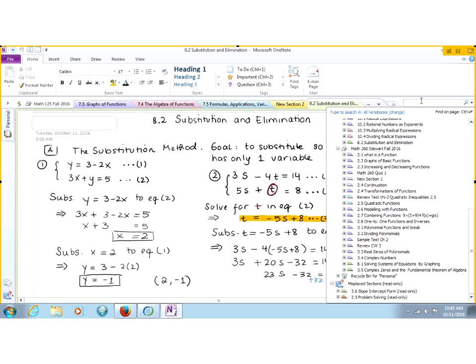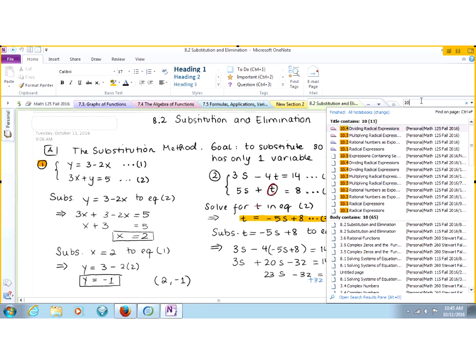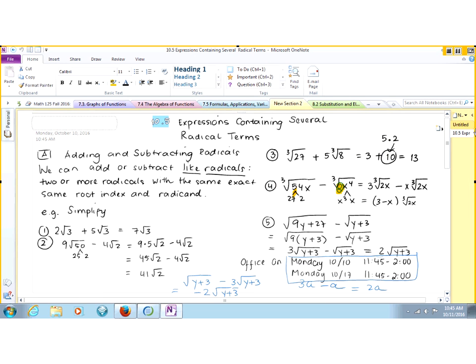Hold on. Did you see it? Where? Wait. Oh, okay, thank you. How did I put it under 10.1? I don't understand. That's why the organization of these notes. Or maybe I'm not knowledgeable.